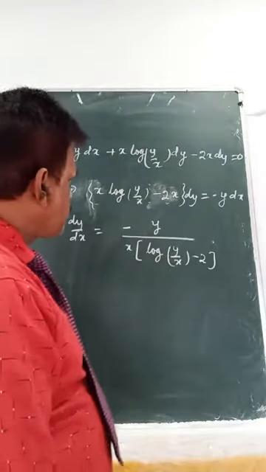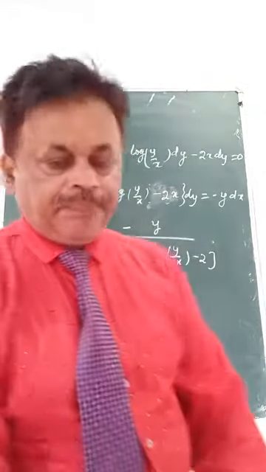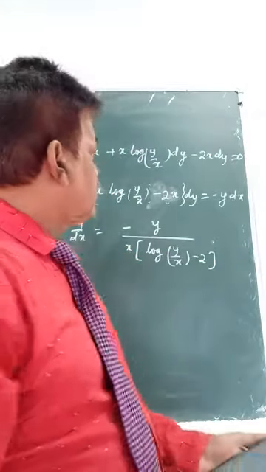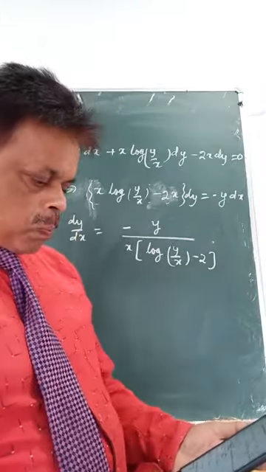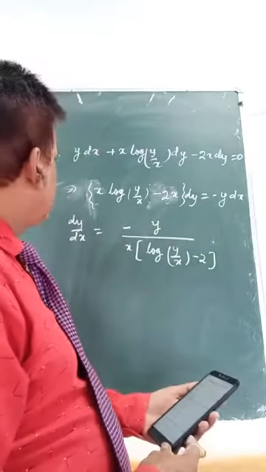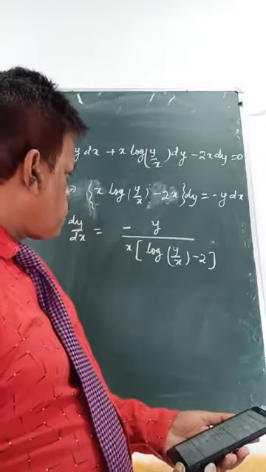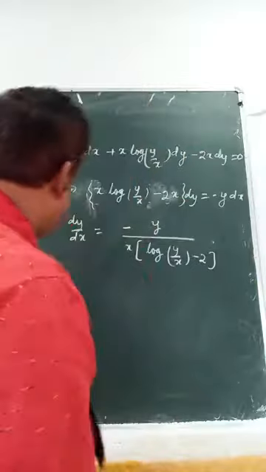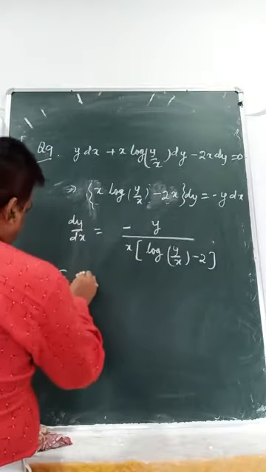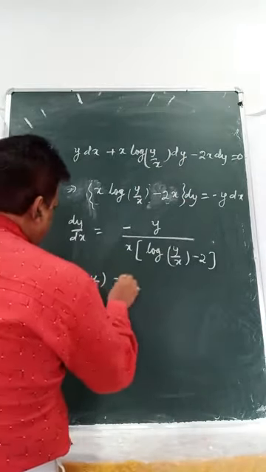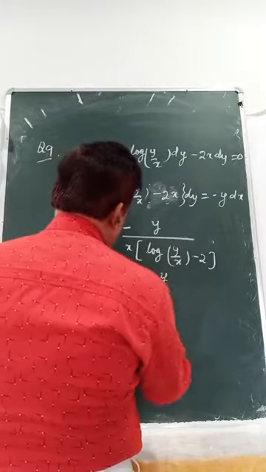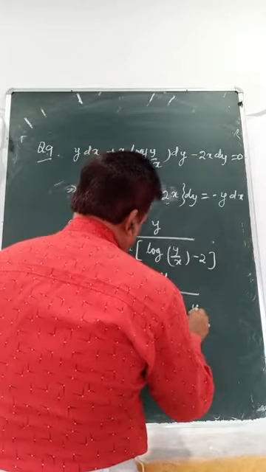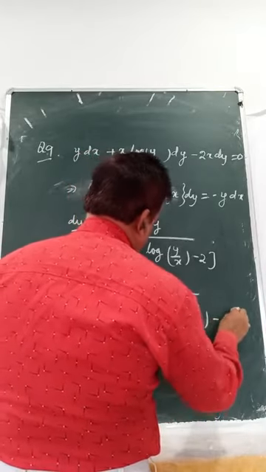Okay, let me check it again. The question, 2x dy, x log (y by x). Okay, then your f(x,y) equals minus y by x log (y by x) minus 2.